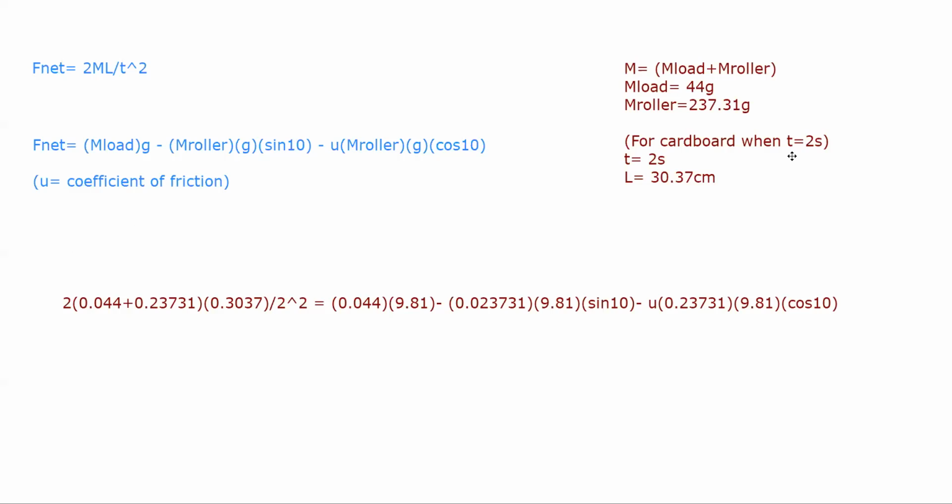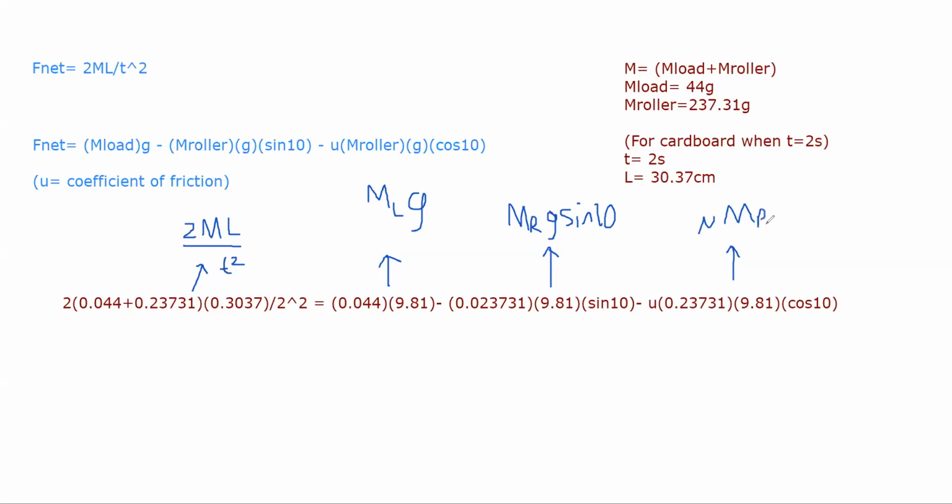In case you don't know which one is which, this is basically Fnet, this is basically 2ml over t square, this is basically mLg, this is basically mRg sine 10. So we do the calculations.